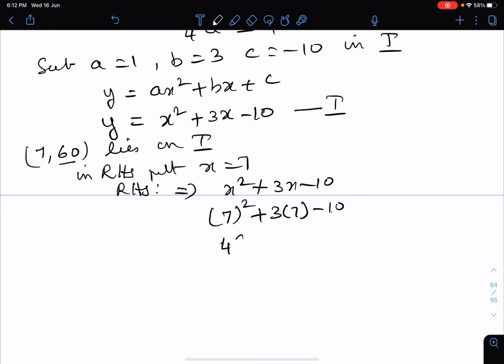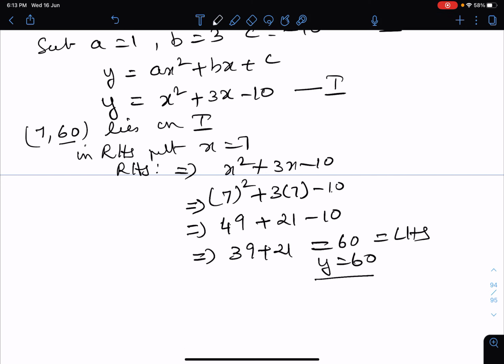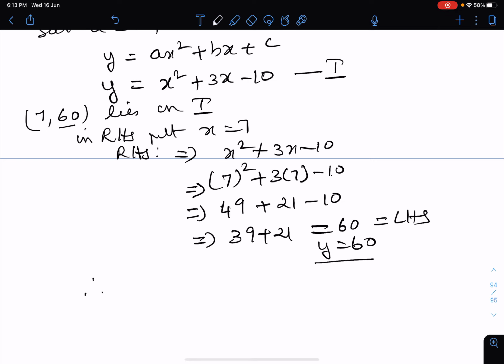So you are going to get 49 plus 21 minus 10. 49 minus 10 is 39 plus 21. Okay, it is going to give you answer as 60. So 49 minus 10 is 39 plus 21 equal to 60, that is equal to LHS, because here y equal to 60. Okay, so it is equal. Therefore he will meet his friend. Therefore 7, 60 is on the path.